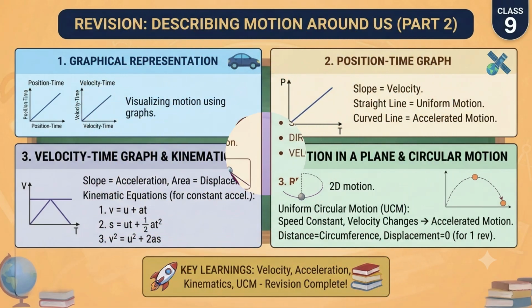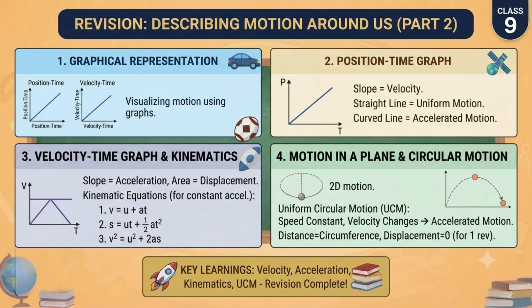Before we end this video, let's do a quick revision of everything we've learned in part 2. We started with the graphical representation of motion and learned how graphs help us understand motion visually. Then, we studied the position time graph and velocity time graph, learned how to interpret them, and understood that the slope helps us calculate velocity and acceleration, while the area under the velocity time graph gives displacement. Next, we learned the three kinematic equations of motion and saw how they relate displacement, velocity, acceleration, and time for motion with constant acceleration.